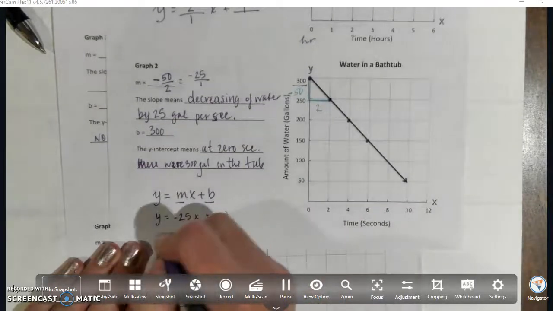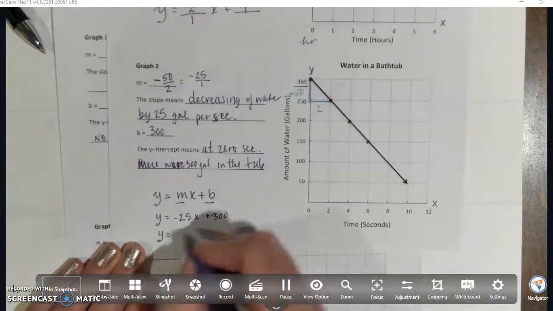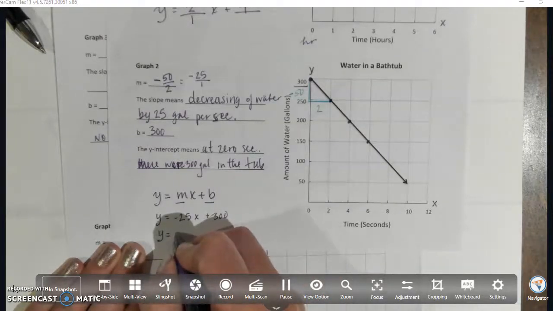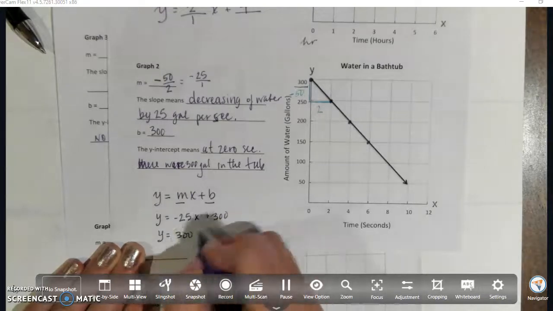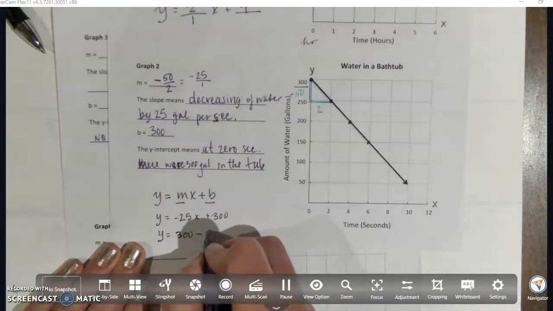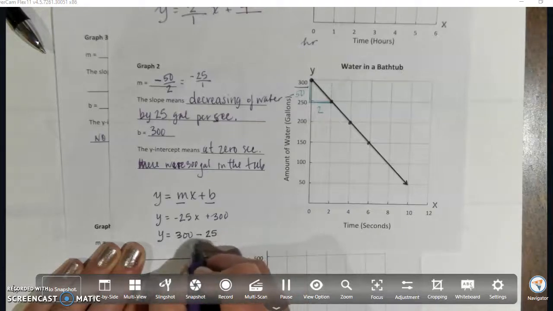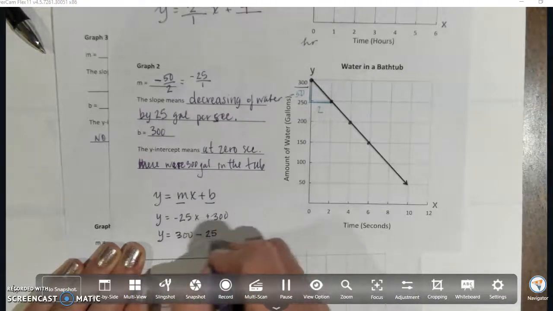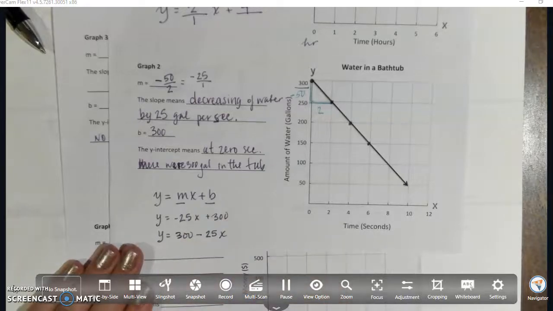However, in the word problems, you're going to start noticing that the more applicable interpretation of this graph would be in this format. 300 was the beginning value, and then there was a reduction of 25 gallons, reducing, draining, decrease of water of 25 gallons per second.